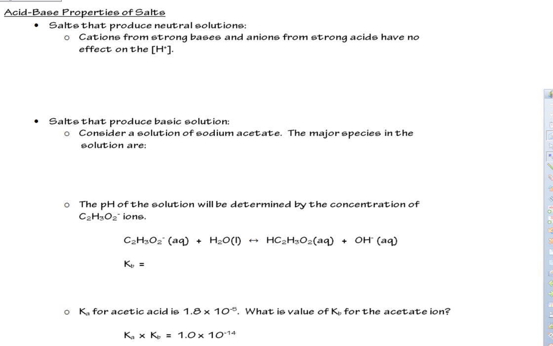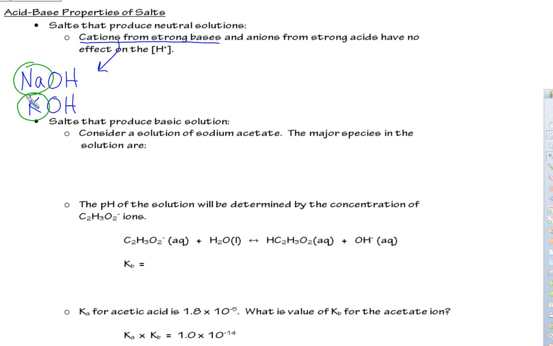Okay, so cation is the positive ion from a strong base. Good examples might be things like sodium from sodium hydroxide, or potassium from potassium hydroxide. Those would be cations from strong bases.